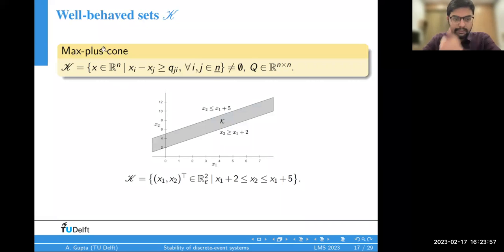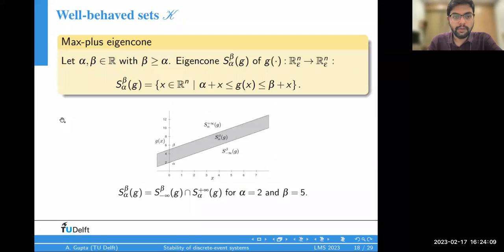I consider certain well-behaved sets that can be represented as max plus cones, and we can make them even more well-behaved by looking at the max plus eigencones of some well-behaved function G. So I can look at simpler cases where G is a max plus linear function, so this is just A times x, and eventually I will get a set that is very well behaved, especially if the matrix A is irreducible.